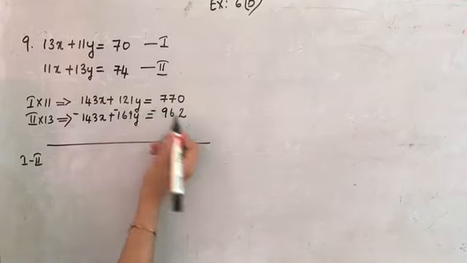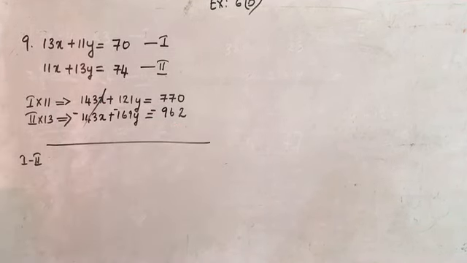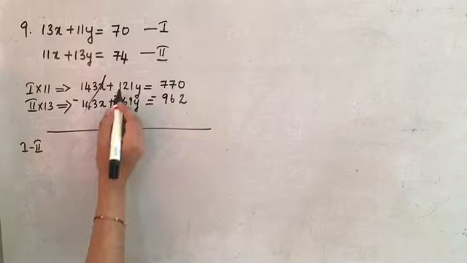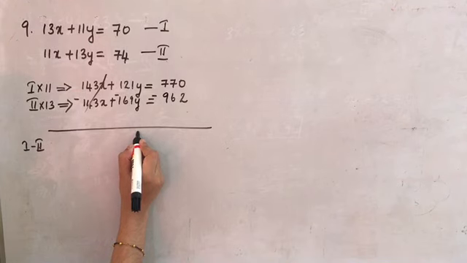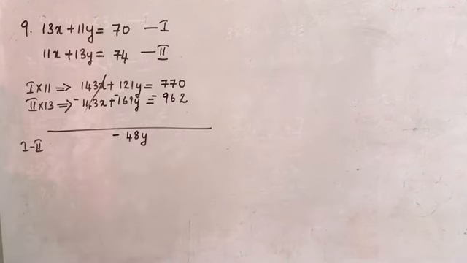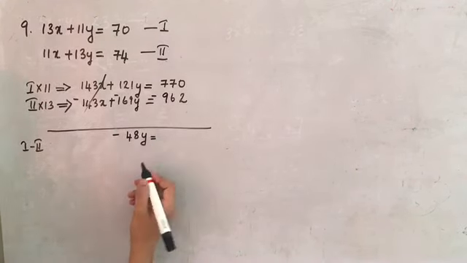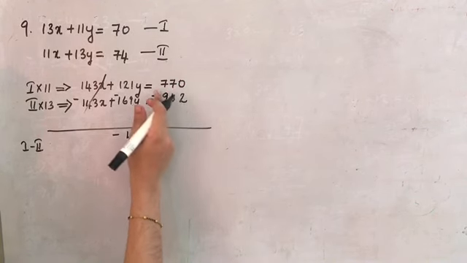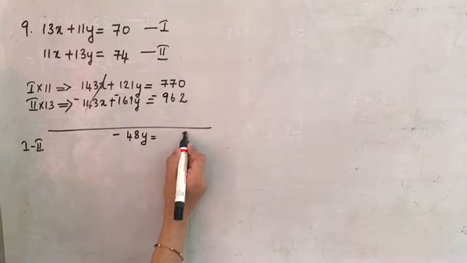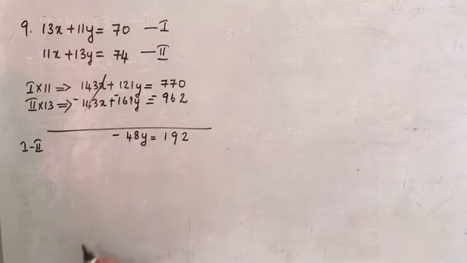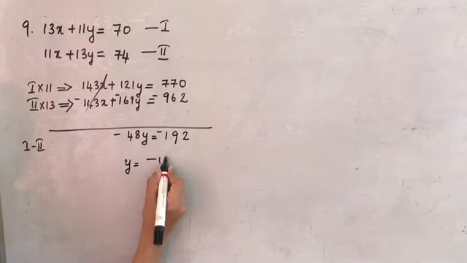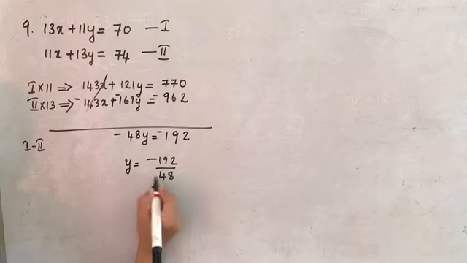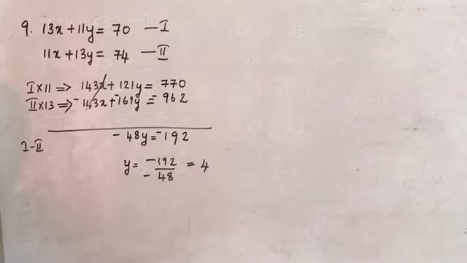Minus, minus, minus. 143x minus 143x is cancelled. Then 121 minus 169, so you get minus 48y. That is equal to 962 minus 770, you will get 192. So you get minus 48y equals 192. Y equals 192 by minus 48, which is equal to minus 4... so we got the value of y as 4.